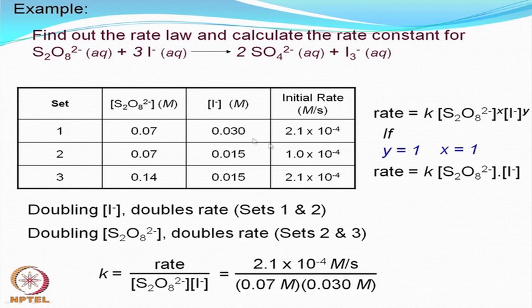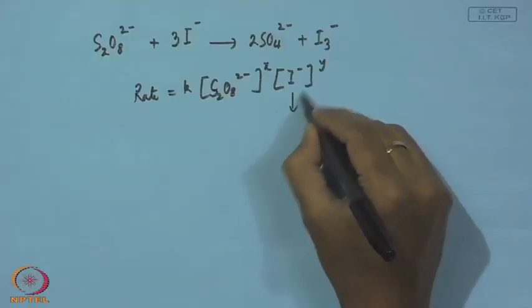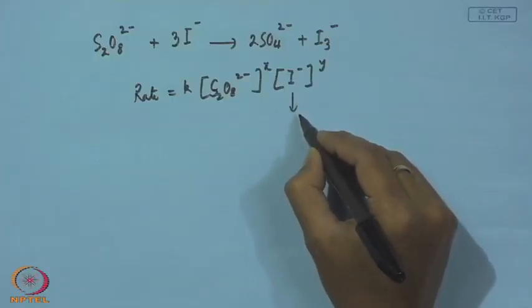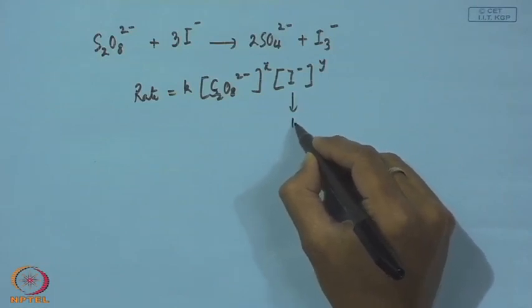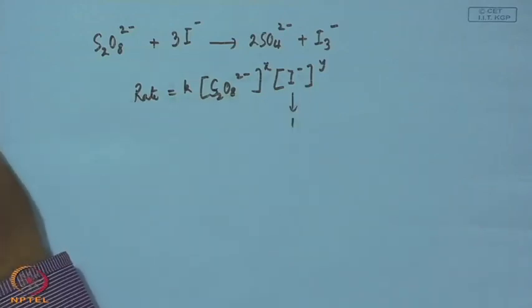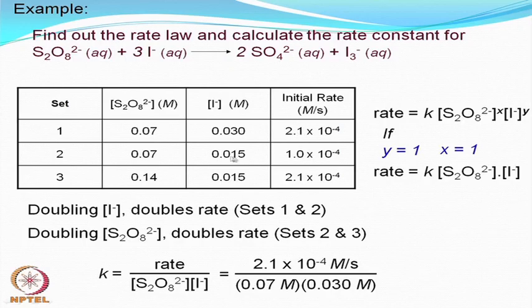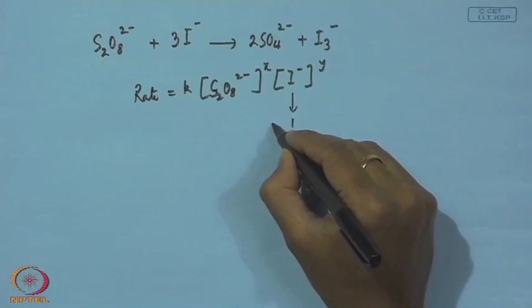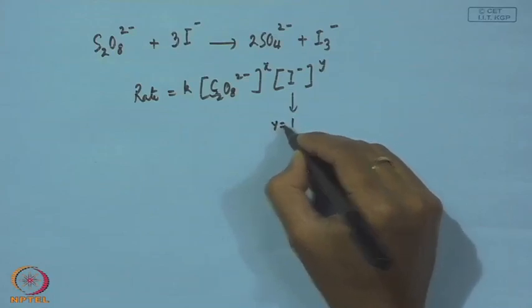You see that it is doubled, the rate is also doubled. That means we can say for sure that this power should be 1, otherwise, if it were more than 1 or something else, the rate would not have increased to the same extent. So, we are now able to find that y is equal to 1.